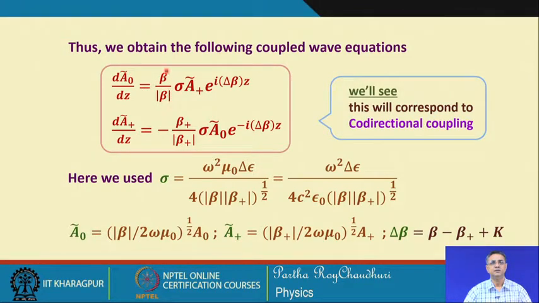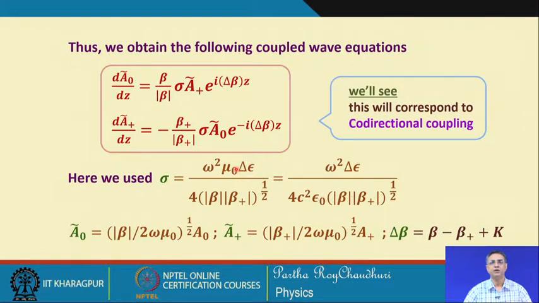This beta by mod of beta and sigma, if we rewrite that equation, this will be appearing on the right hand side, and for that we use this symbol sigma, which is equal to, because beta plus then omega 0 mu naught, if you add one epsilon naught here, then this will give you c square at the denominator, and this epsilon naught will be appearing here.